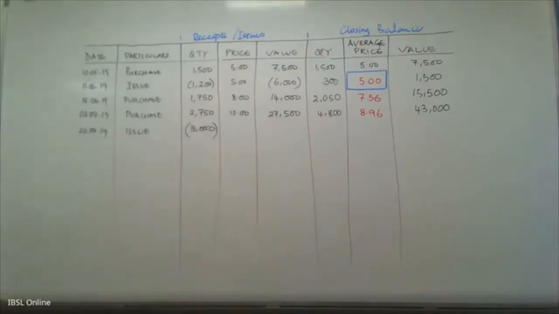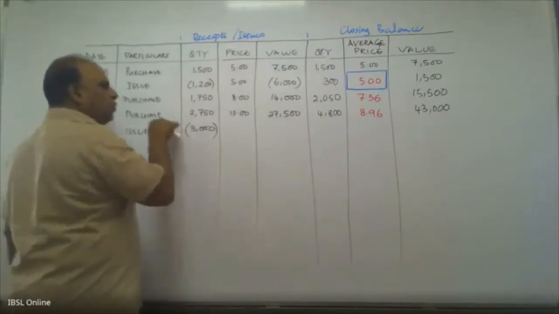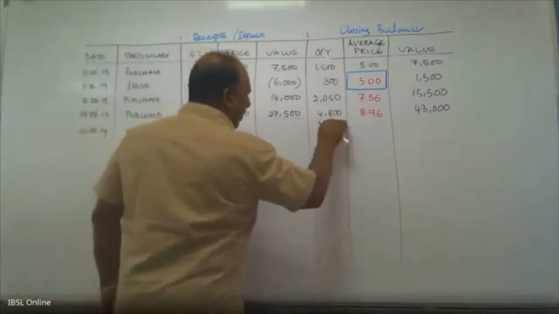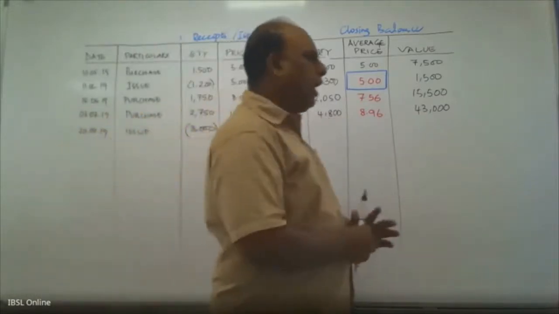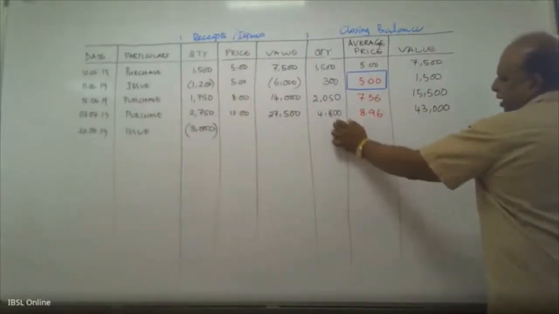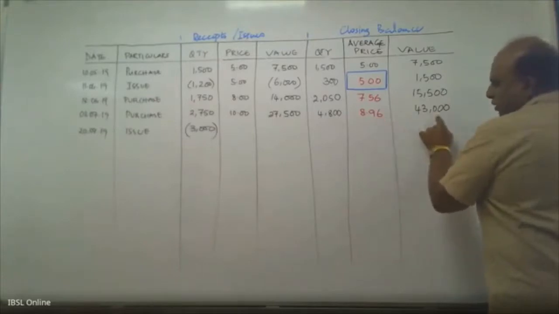Now is where you will make use of the weighted average price. So just before this issue, you have to go and see what is the last value that I have. So I have with me 4,800 units at the rate of 8.96, which makes 43,000.